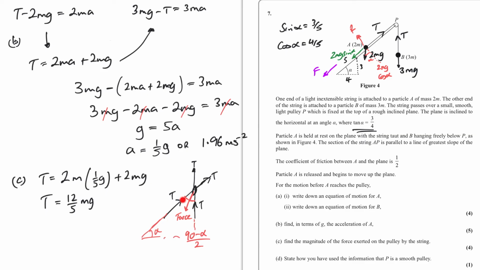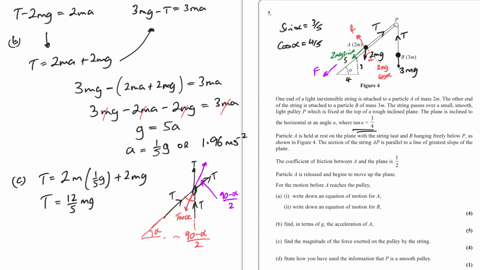So this overall angle here is going to be 90 minus alpha, and it's in half because these are equal in size, aren't they? They're both T, so they're both equal in size. So this angle is going to be that 90 minus alpha over 2. Or if you think of the resultant in the other direction, it's the same thing. That angle there is 90 minus alpha over 2.